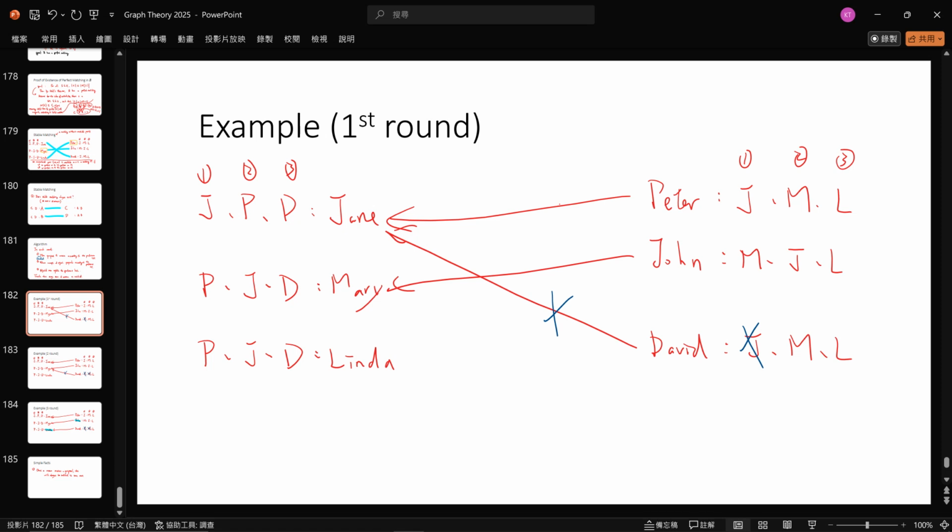So when that happens, Jen can find a better partner. So for this case, Mary is temporarily matched to John after the first round. Well, when the algorithm terminates.